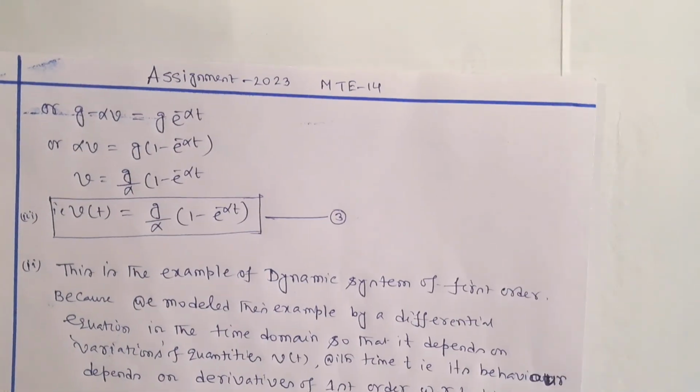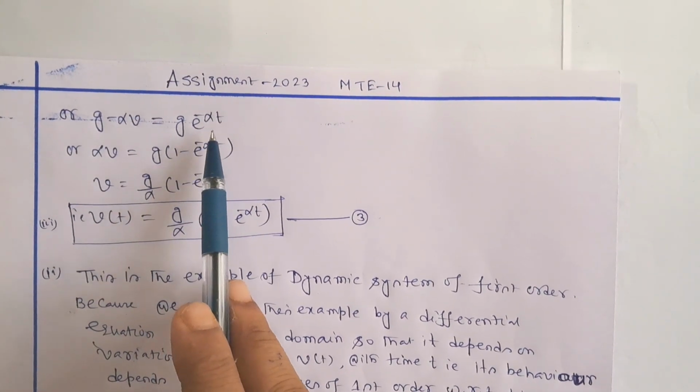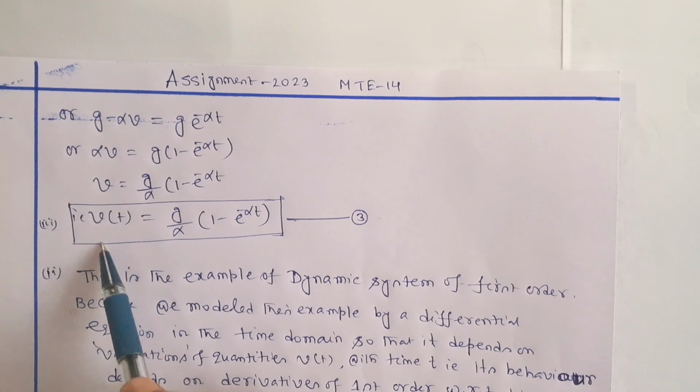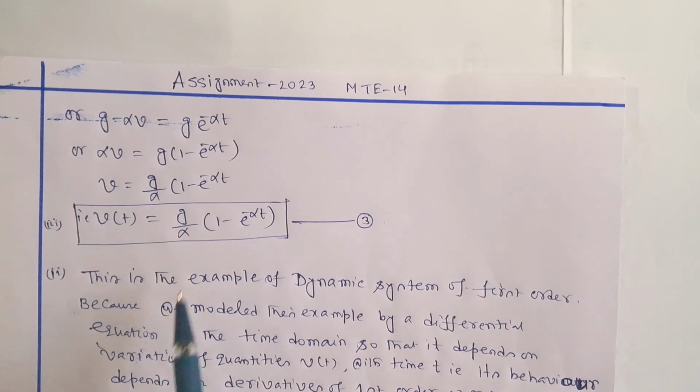Next part: g minus alpha v equals g e to the power minus alpha t. So we get v(t) equals g/alpha times (1 minus e to the power minus alpha t).